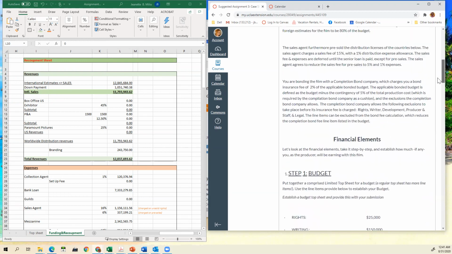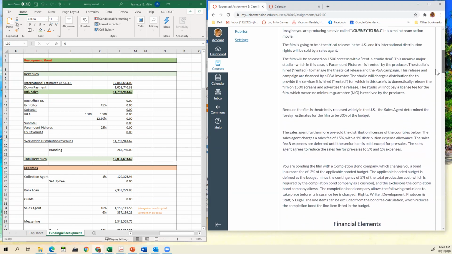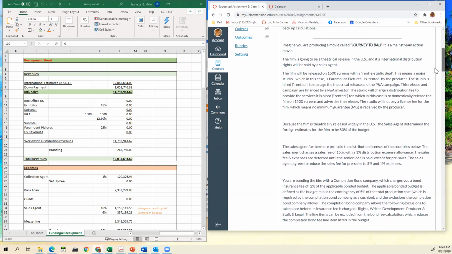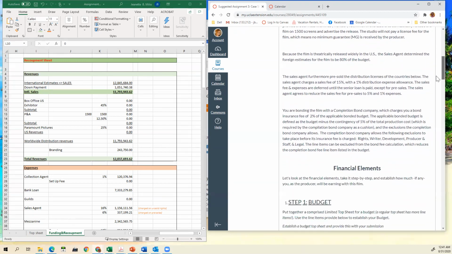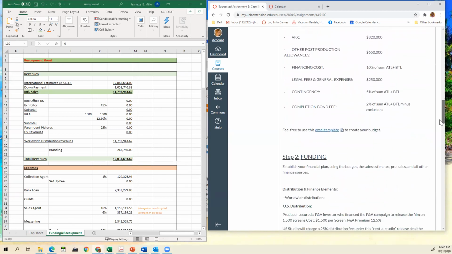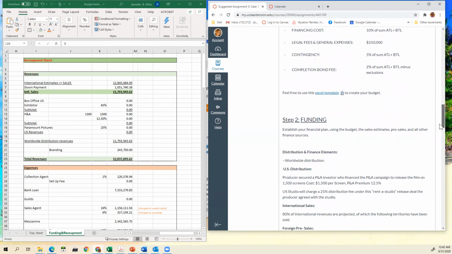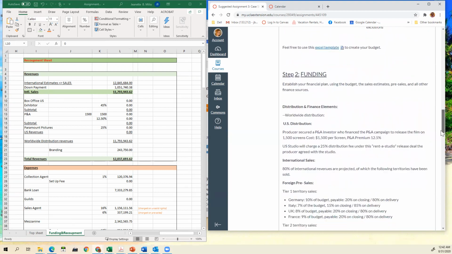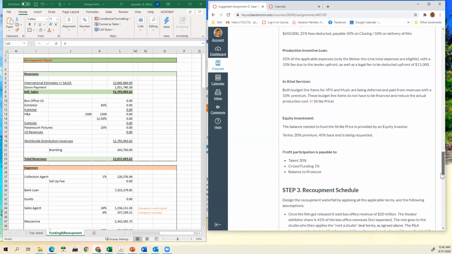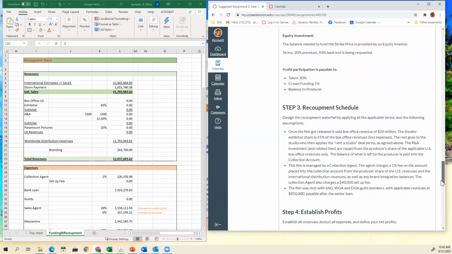Financial elements, completion warrant. I know I had box office somewhere. Let me look. Maybe it's coming later. Ah, here we go. Box office, $20 million.